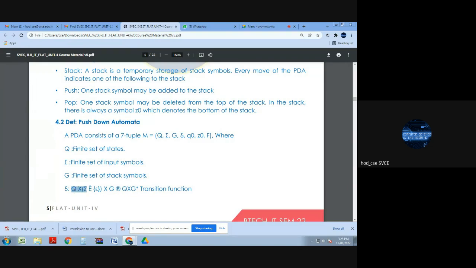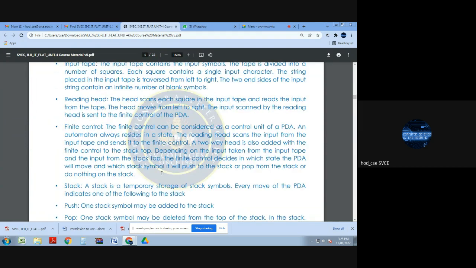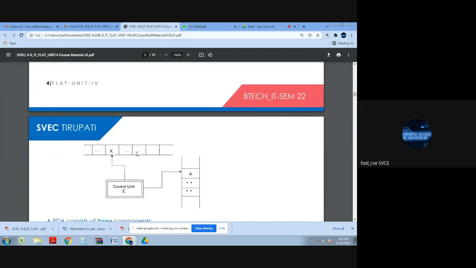Sigma represents the present input and stack symbol also. So we should know what is the symbol presented on stack also. Before that we have only input and present state in the control unit. There is no stack presented. So at that time we are taking present state and present input only. But now we have stack also.